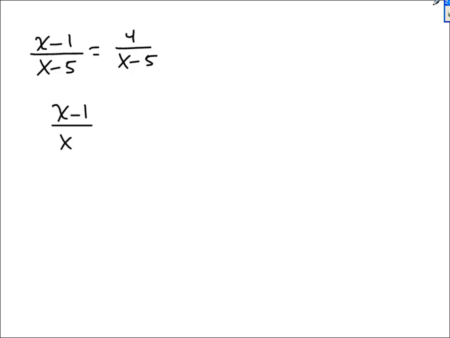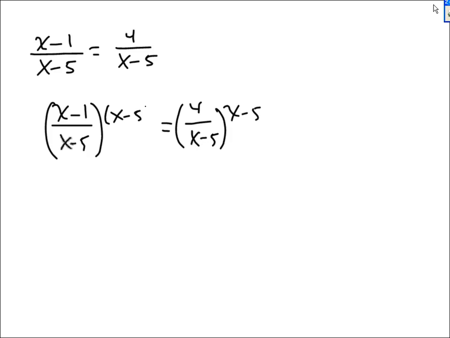So I take each of these fractions, and I denote that I'm multiplying both sides by x minus 5. Now, this cancels out to 1, provided x is not 5. Well, x minus 1 times 1 is x minus 1. And this cancels out, provided x is not 5, to 1, and 4 times 1 is 4.